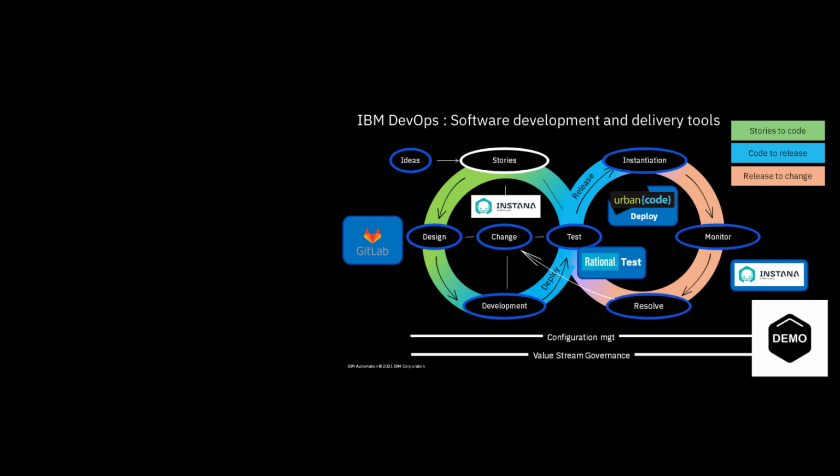For Randy's demo, he's going to focus primarily on the right side of the diagram, on UrbanCode Deploy and Instana, which you've already been introduced to. He'll also show briefly Rational Performance Tester and UrbanCode Velocity. You'll see a little bit of them as well. All of these products have a role to play in improving MTTR. So with that, Randy, I'm going to hand it back to you.